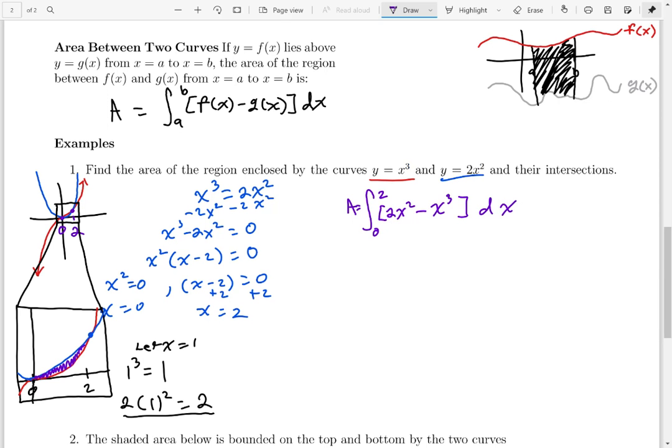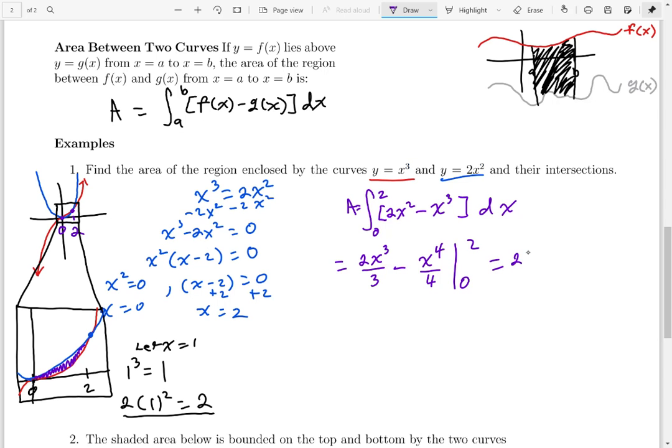And so now, looking at those intersections, finding that sliver, we just have to find the antiderivative. And so that's going to be the integral from 0 to 2. And so now the antiderivative of 2x squared is going to be 2x cubed over 3 minus x to the 4th over 4 from 0 to 2.